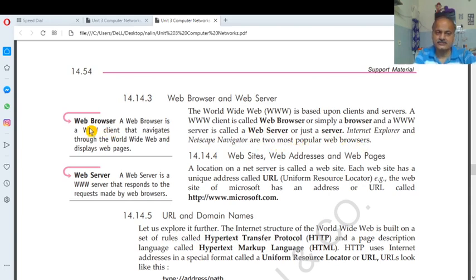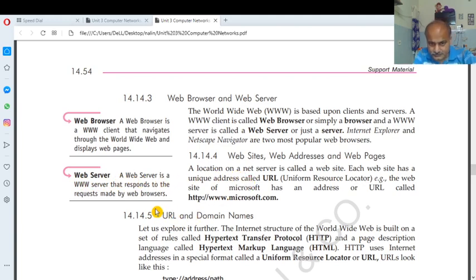So once again, web browser is a triple W client that navigates through the World Wide Web and displays the web page. Its main function is to display the web page on the screen. Clear?